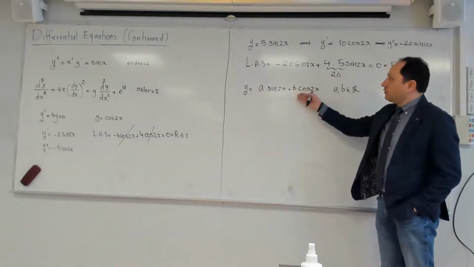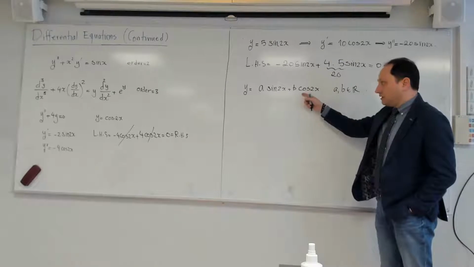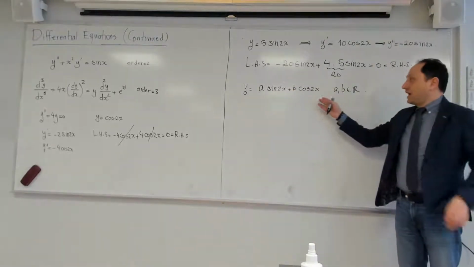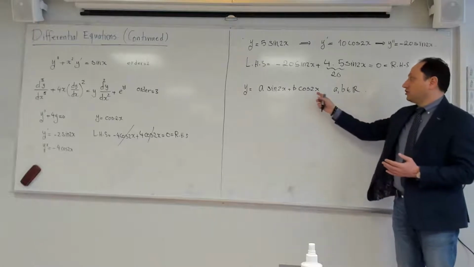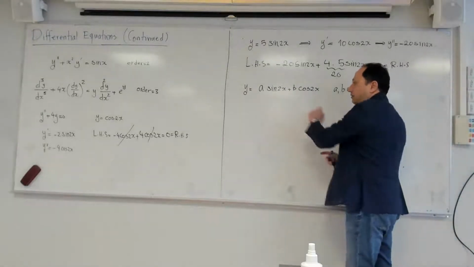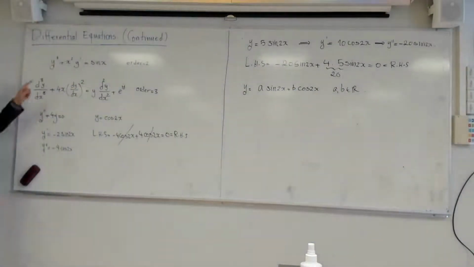If I can show that, regardless of the values that I choose for a and b, this function satisfies that equation, so I have two things. First, I show that this is a solution. Then I see that I have two free parameters, and the order of the differential equation is 2. So then it means that that is the general solution.